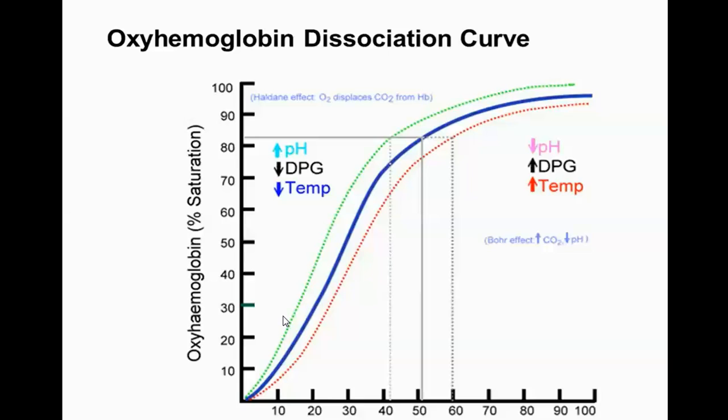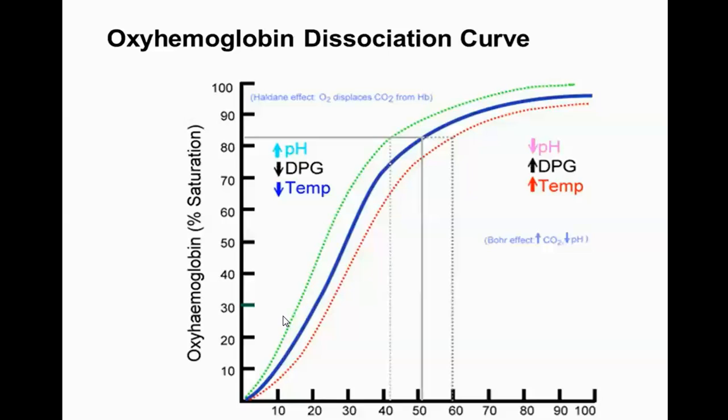Once attached, there will be a conformational change, and the receptors will move out, so they can easily connect and bind to oxygen. So this is the plateau part, and this is the steep part after the conformational change, after the first oxygen molecule binds.